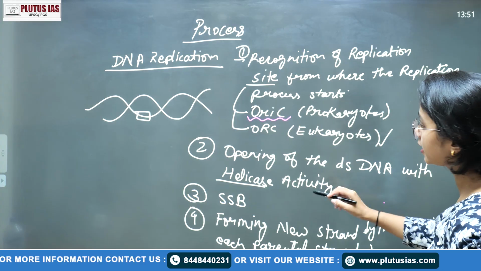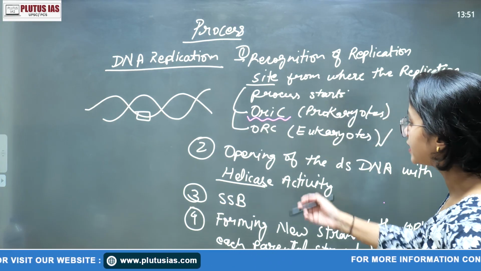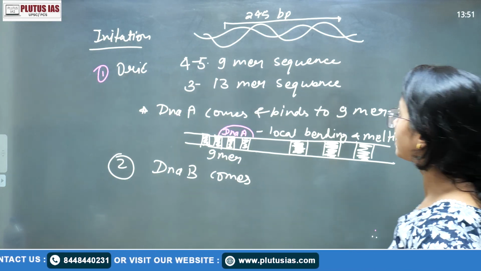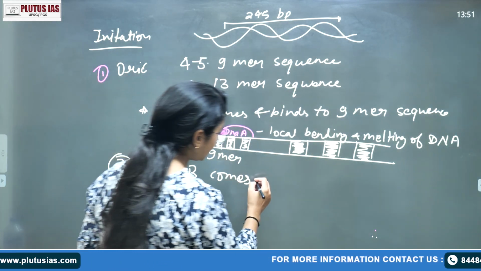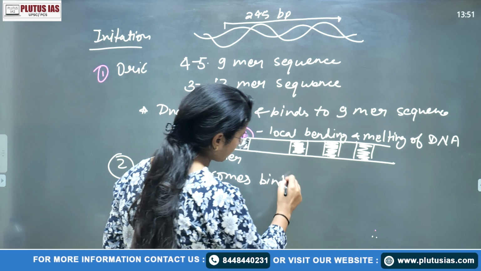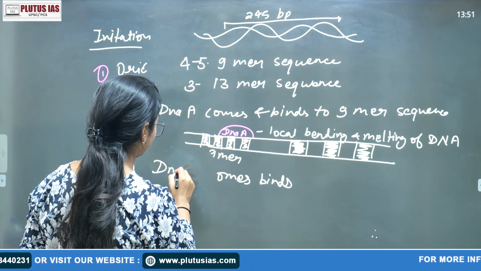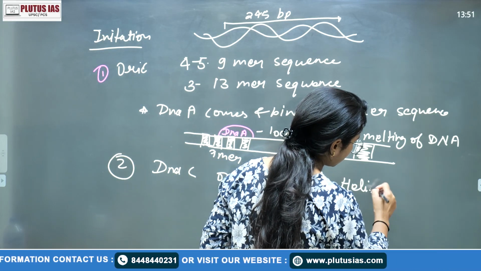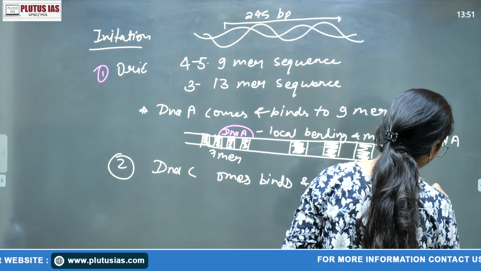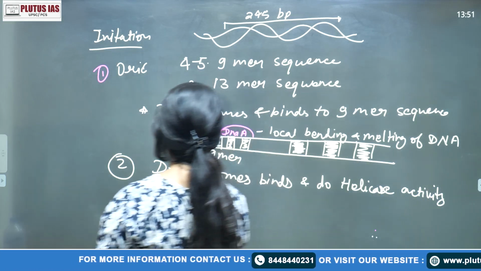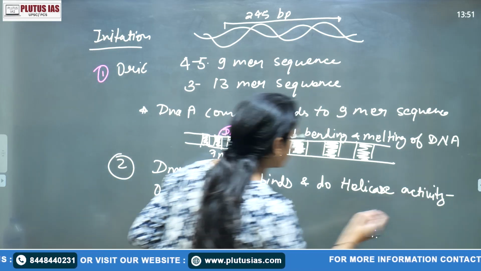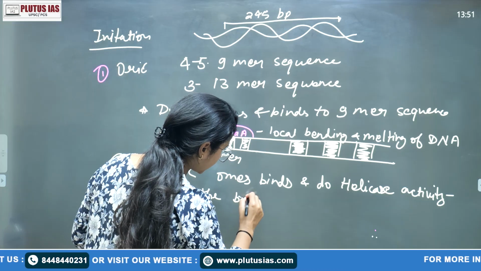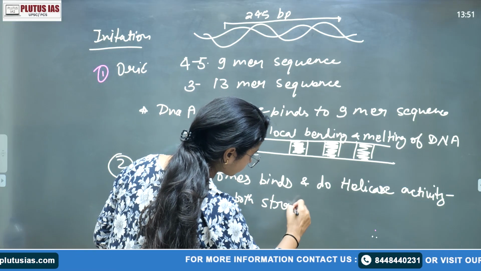So we have recognized the ORI site. At that ORI site DnaA binds, and the helicase activity is performed by DnaB. DnaB comes and binds and does the helicase activity. That means helicase activity opens both strands.